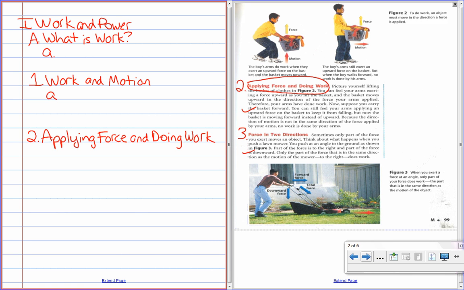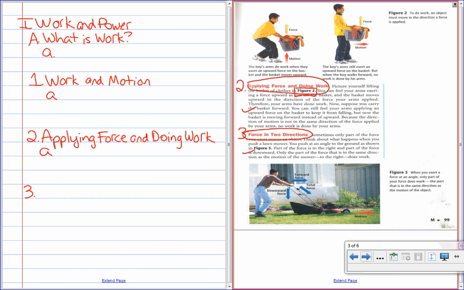Okay, we have one paragraph. It refers to a figure, figure 2. So we will just have one fact. And we have number 3, which is force in 2 directions.